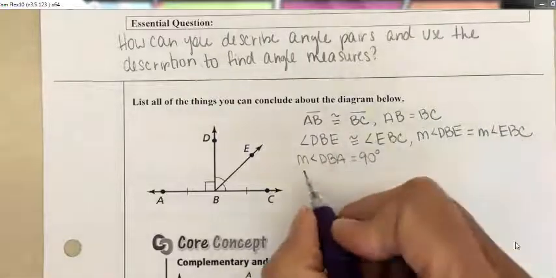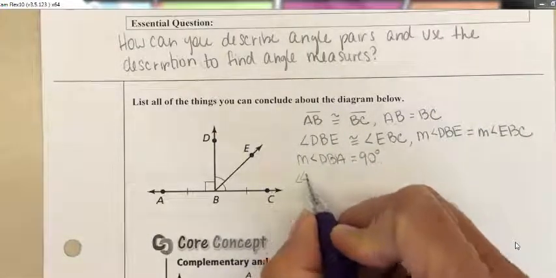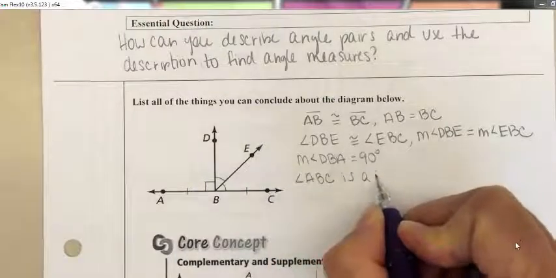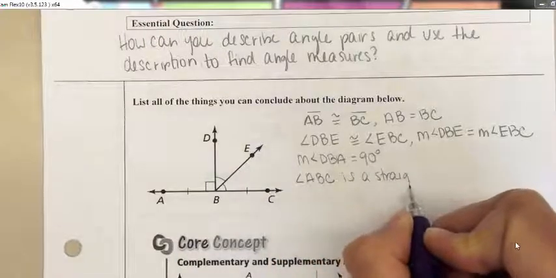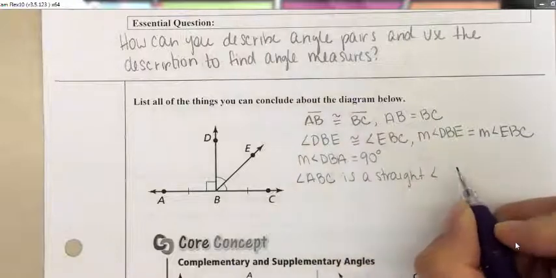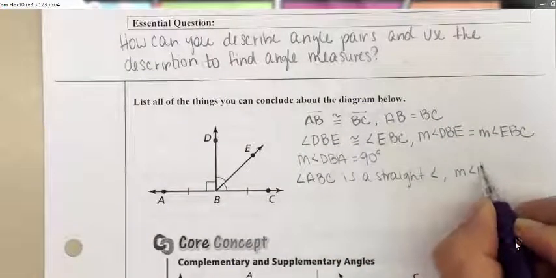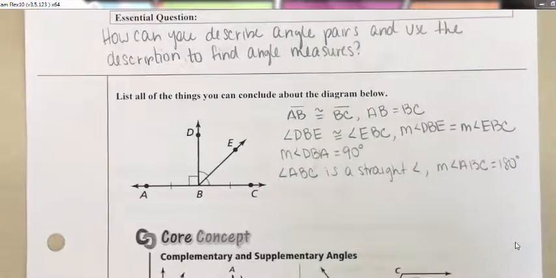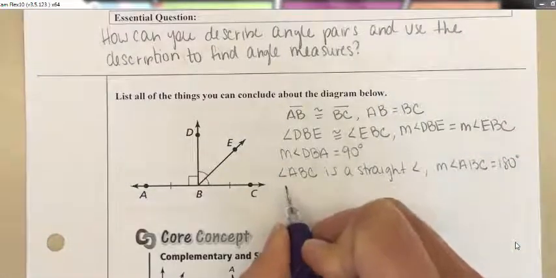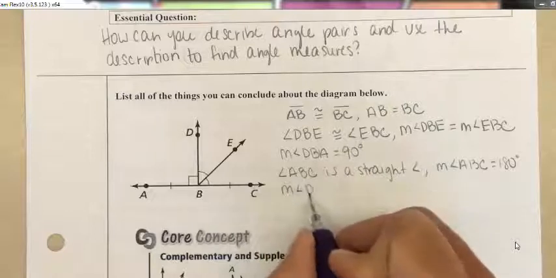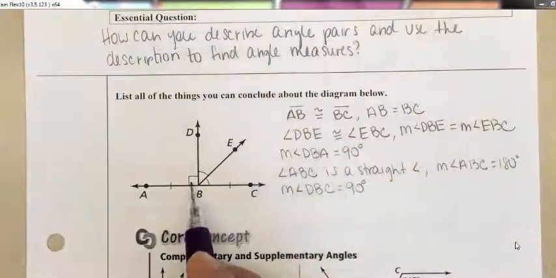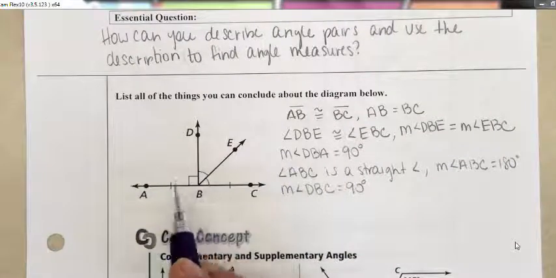So we know that angle ABC is a straight angle, or in other words, the measure of angle ABC is 180 degrees. Therefore, we also know that the measure of angle DBC is equal to 90 degrees, right? So this is 90 degrees. This has to be 90 degrees in order for all of them to add up.